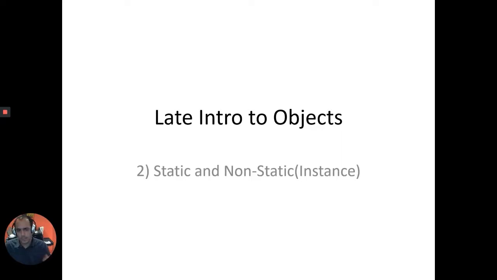Today we're going to drill down a little bit further into some of those weird nuances that trick people up a little bit when they start to learn about object-oriented programming. And the first of those is the difference between a variable or a method that's static and non-static. When you think of static, already you can think of something that's not changing.